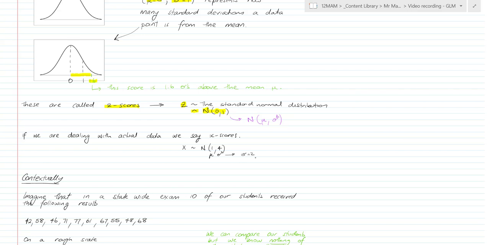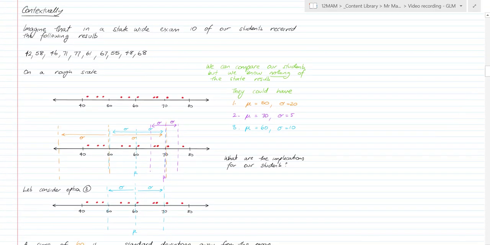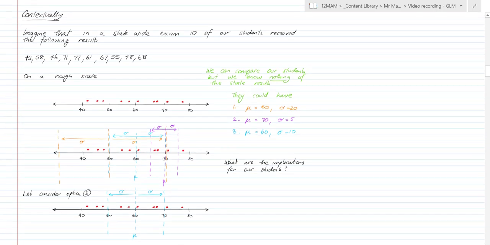Anyway, moving on to talk about z-scores and raw scores contextually. Here's a context I want to chat through to introduce it better. Imagine that in a statewide exam, 10 of our students received the following results. I'm not giving a lot of details about the exam.